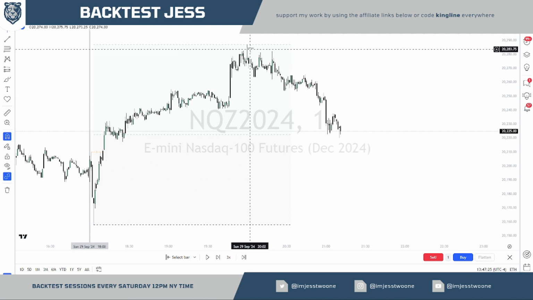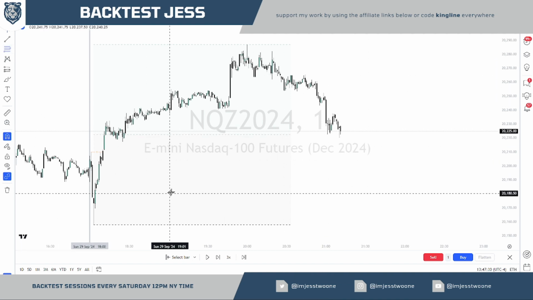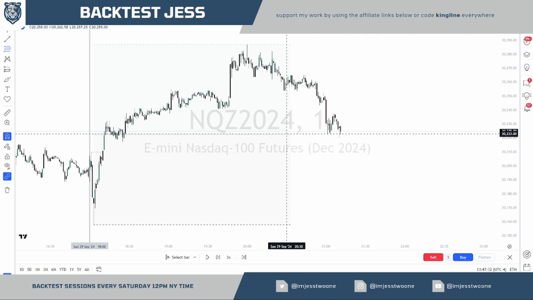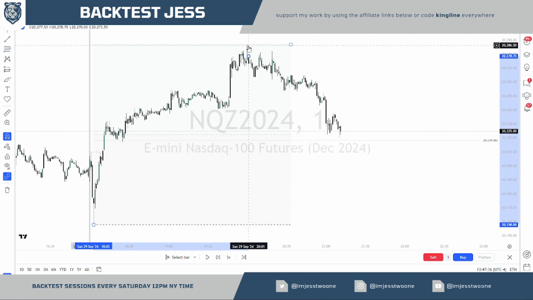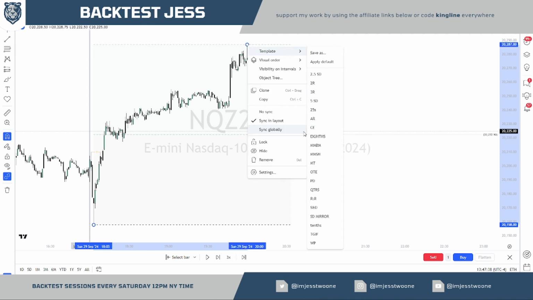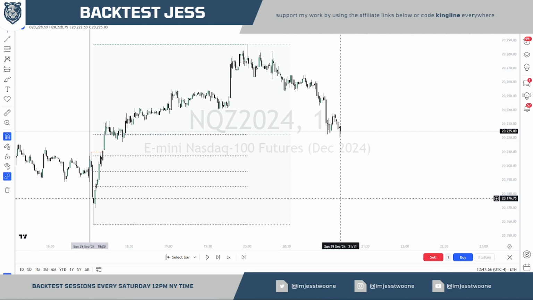So from here, we created a range, we returned into discount. At this point, the equilibrium is plenty, right? And I'm just going to take it a step further here, and I'm going to show OTE. 50%, 62, 70.5, 79.